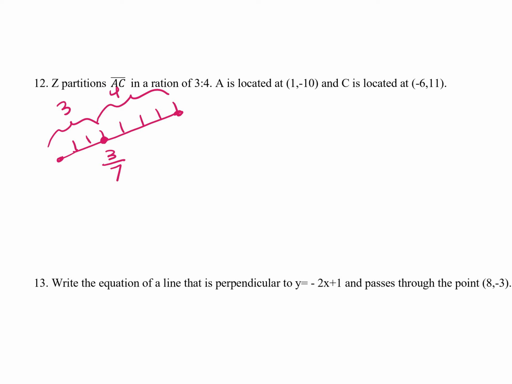Then I need to find for x. For x, it is the second x minus the first. For y, the length is going to be the second y minus the first, minus a minus 10. You have to go from second minus the first, because this is directional.